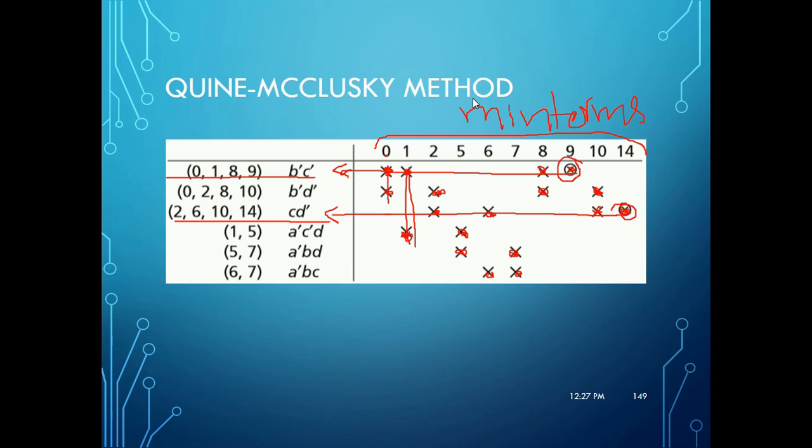Since the second min term is being crossed out, this corresponding column also gets crossed out. And next, since the sixth min term is being crossed out, you can cross out the other thing. Eighth min term also you can cross out. 10th min term, since this is marked out, you are going to cross out with this.